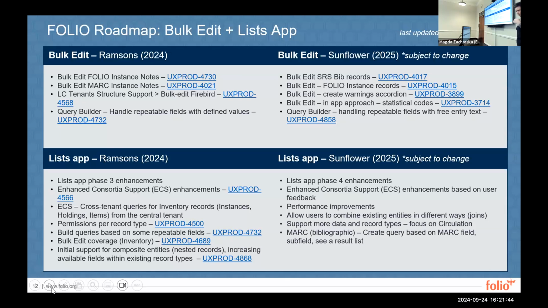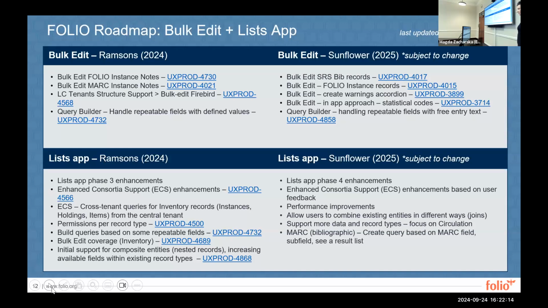In Ramsons, we've also added quite a bit more support for additional fields within our existing record types. In Sunflower, we're planning to expand that even further. I think one of the most exciting things that we're looking at is some of the infrastructure that we've built in Ramsons will allow us in Sunflower to allow users to be able to combine records and make joins of their own.